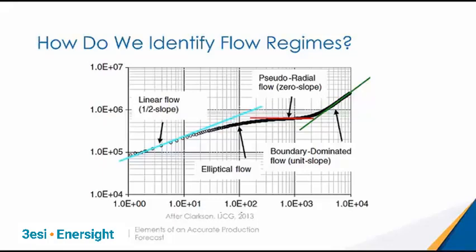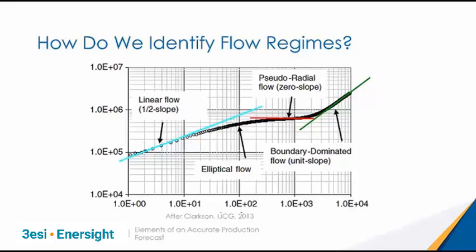The transient flow early is almost always linear flow, linear flow from the reservoir into these fractures in our horizontal wells. And the signature is almost always a straight line with a slope of 1/2. So if we just make this plot and identify this, we can find when we're in transient flow and model that appropriately.